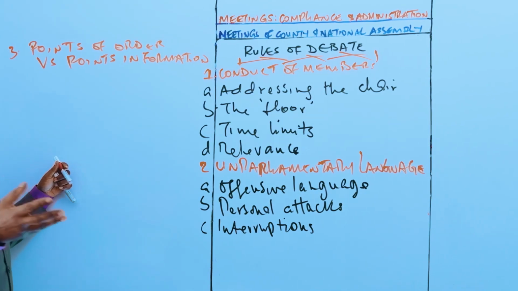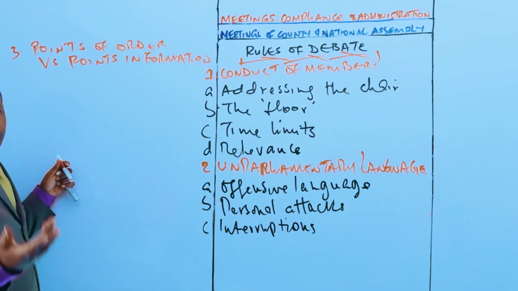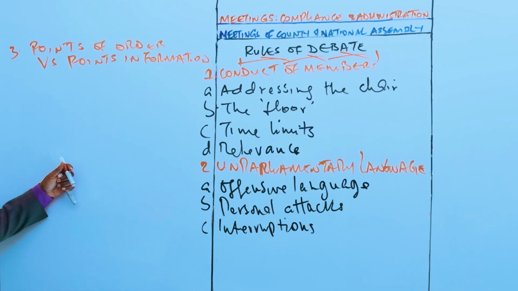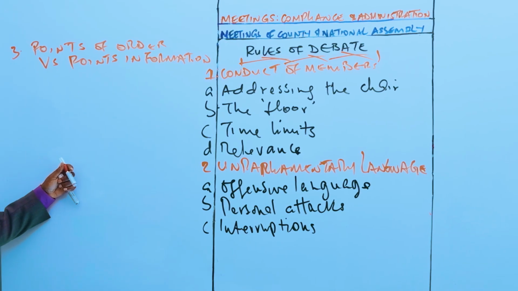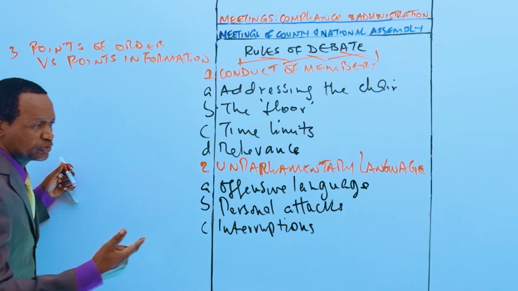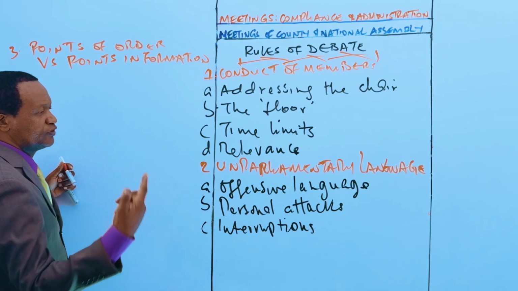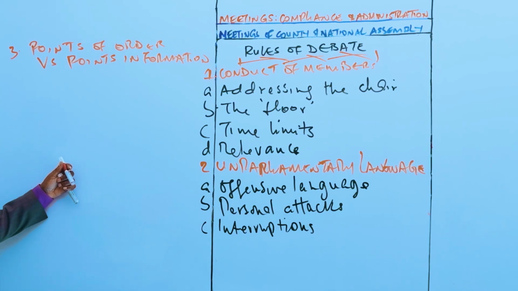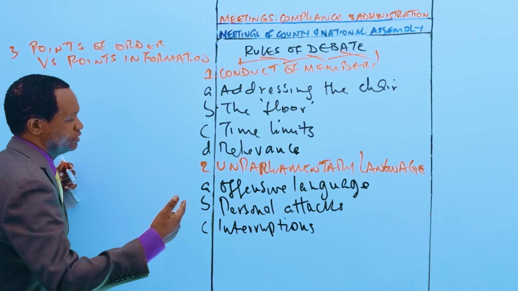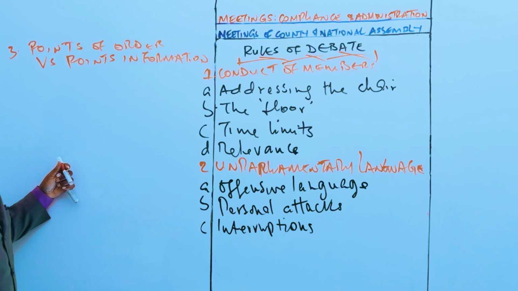Then we have a point of information, which is used to offer facts or clarification. However, the speaker on the floor is under no obligation to accept the information that another member is promising to give.